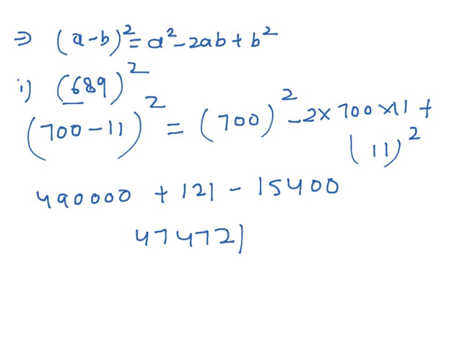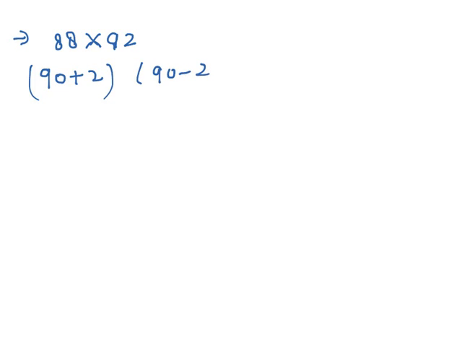Now next, similarly we saw an example using the formula a plus b whole square. Next we have to evaluate the product of 88 and 92. So here we have two even numbers. The product of these two numbers we have to find. The simple method is we can multiply, but in that case, first of all we will split it: 92 can be split as 90 plus 2 and 88 can be split as 90 minus 2.